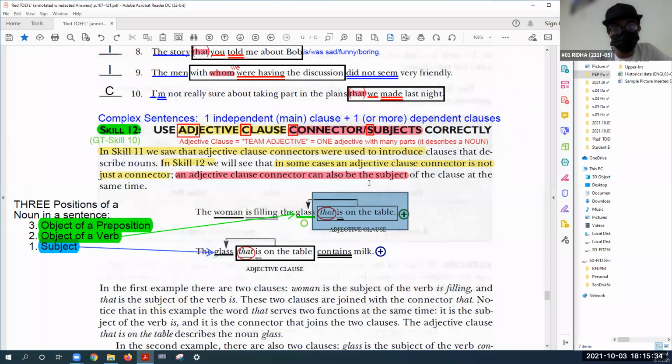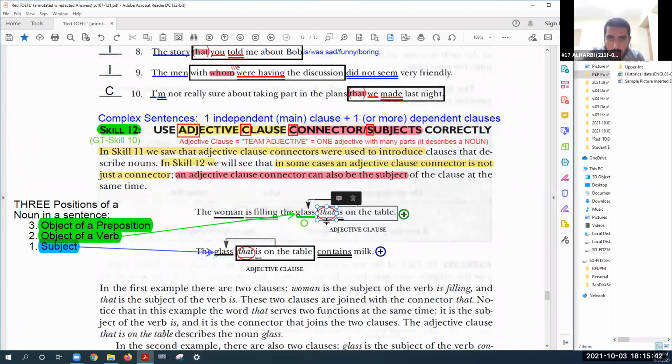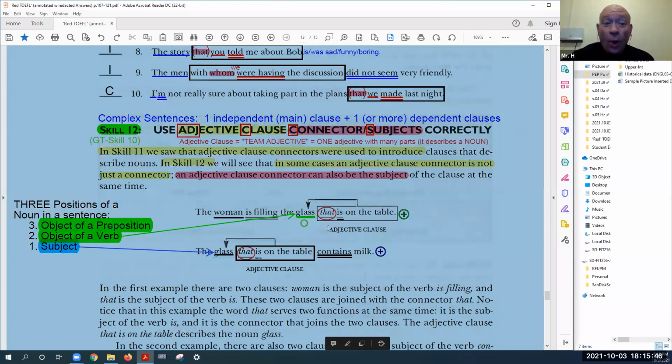Look under it. You see, I put a circle here, but there is a line. Why is there one line? It is both a subject and a connector at the same time. So we put a circle for the connector and one line for the subject. It is both at the same time, right?